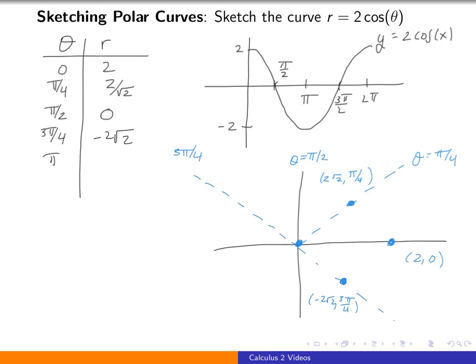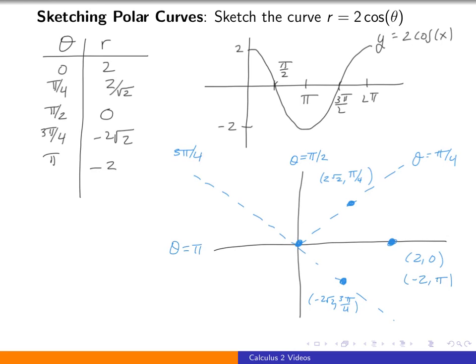And when theta is equal to pi, our r value is going to be minus 2. Theta equals pi corresponds to the negative axis, but because our r value is negative, we end up back at this point where we started. So this is minus 2 for the r value, theta being pi.